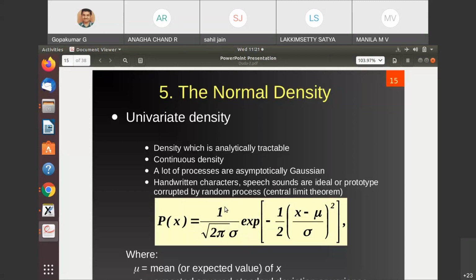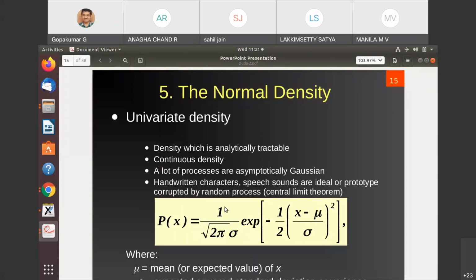But this is a very commonly occurring, and the best approximation that we can always make. And it has a lot of advantages if we assume that the continuous random variables we are dealing with follow a normal distribution. That is why we will be discussing two types. One is the univariate density, that means we have only a single variable, a single feature, because in our discussions so far we have seen two steps.